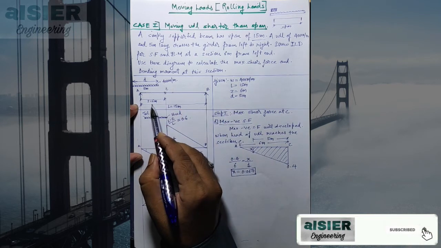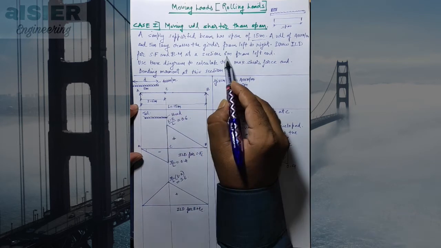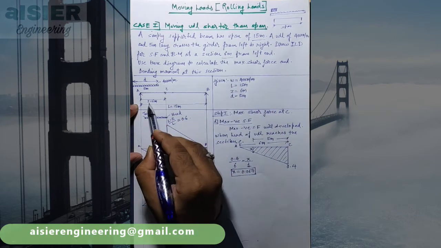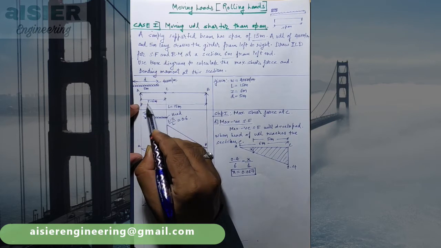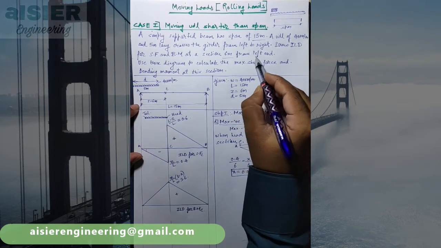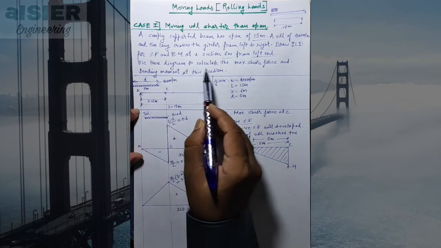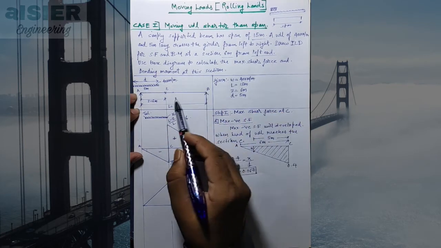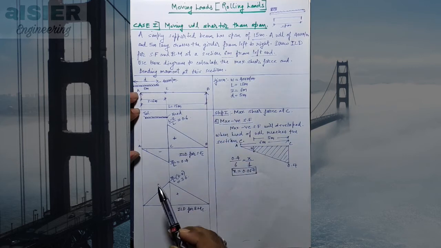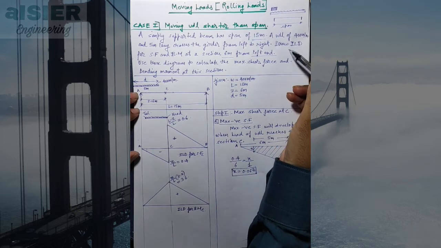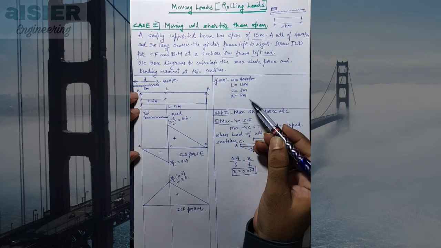Draw ILD for shear force and bending moment at a section 6 meter from the left end. So we have taken one section C at a distance 6 meter from left end. Use this diagram to calculate maximum shear force and bending moment at the section. So first it is required to draw ILD and then to calculate maximum bending moment and shear force.